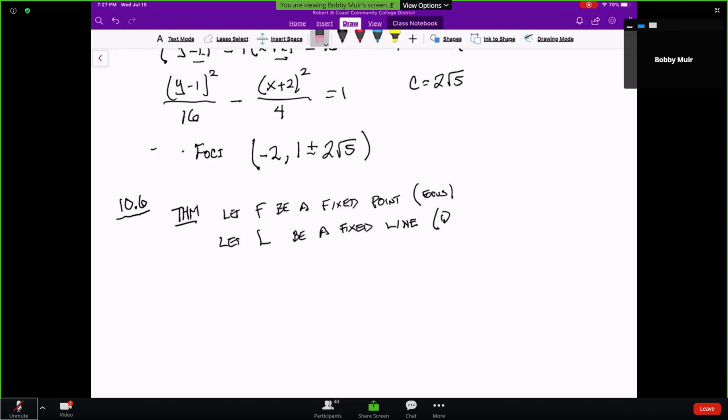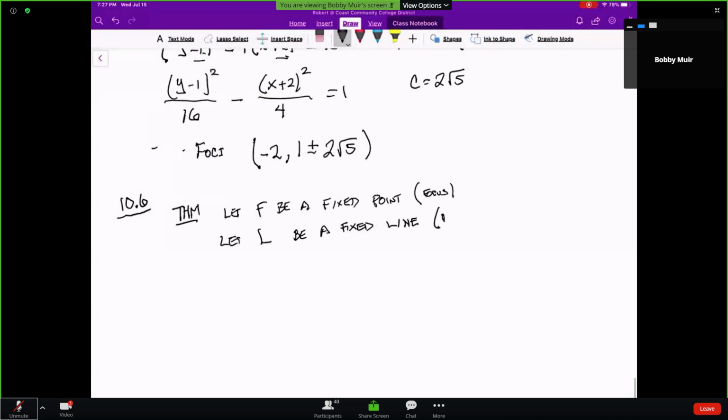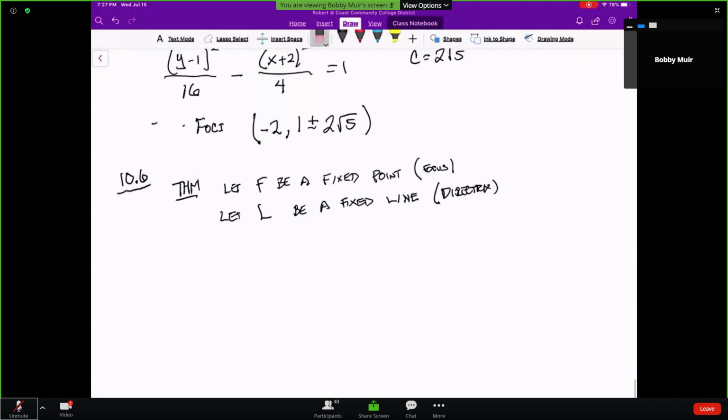And let the letter E, not the E to the X thing, be some positive fixed number. It's called eccentricity.